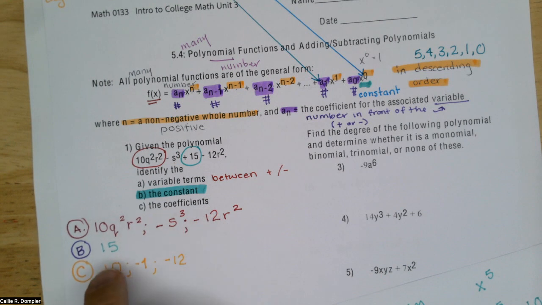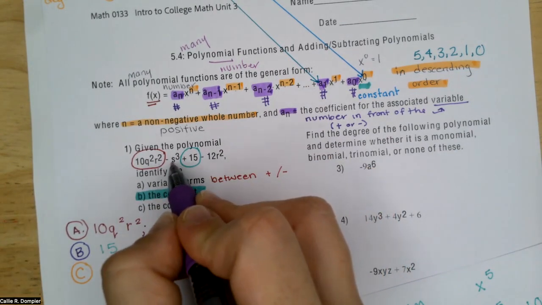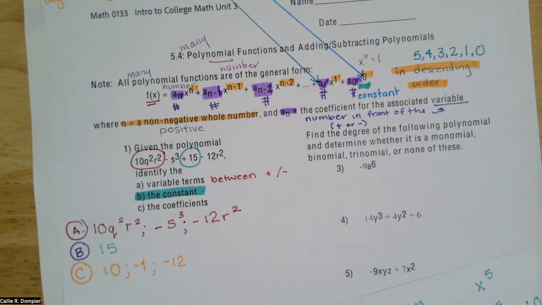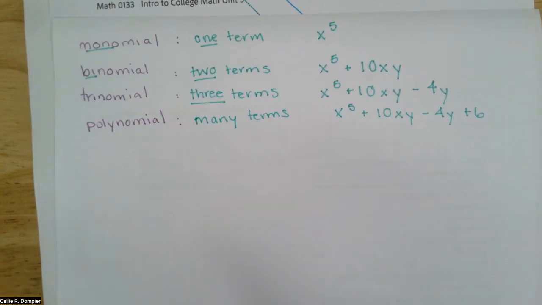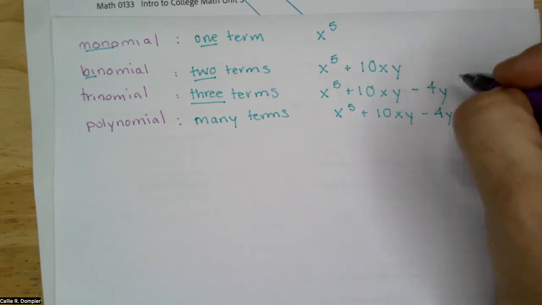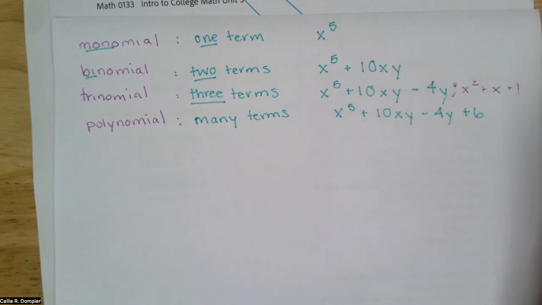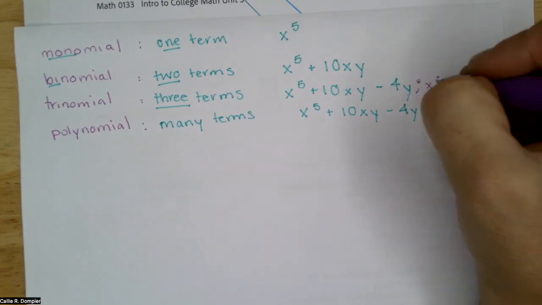We had one constant, but we had four terms. So this is a four-term polynomial. So it's not a trinomial, okay? A trinomial looks like this, or a trinomial could look like this, as simple as x squared plus x plus 1, okay?